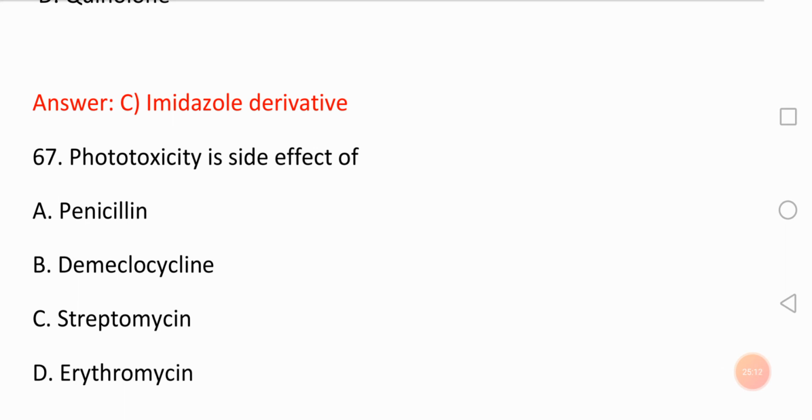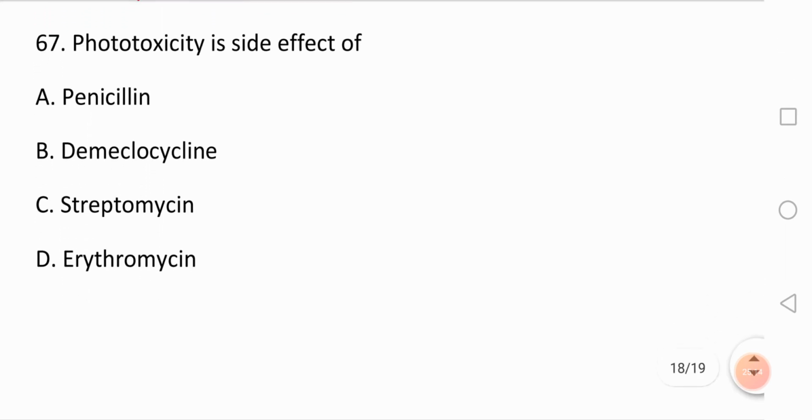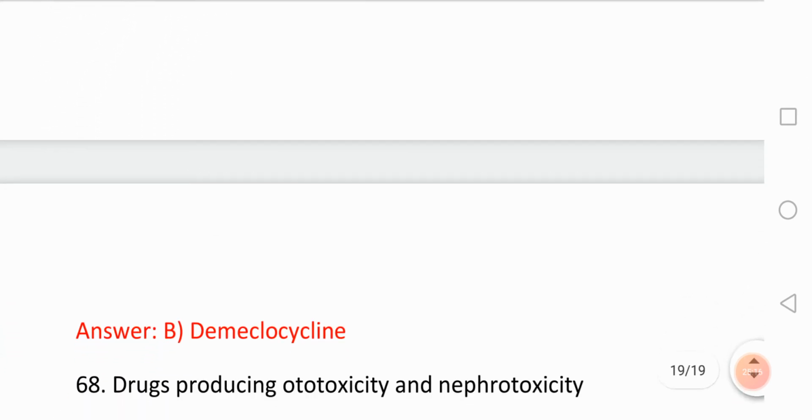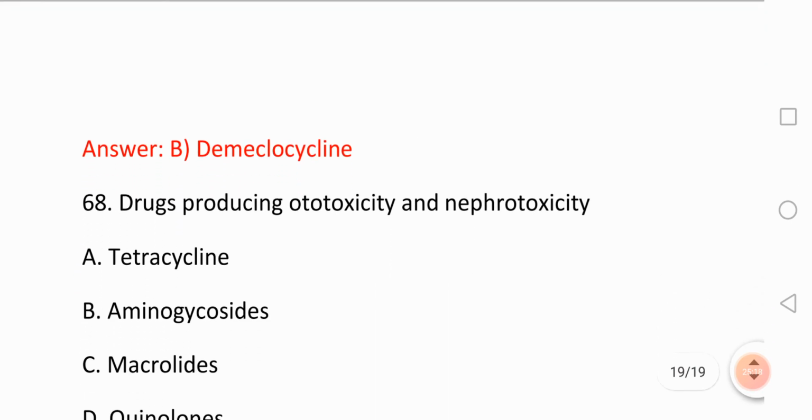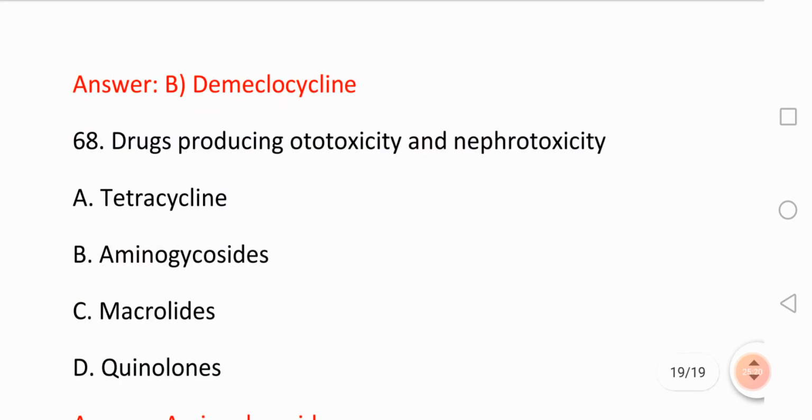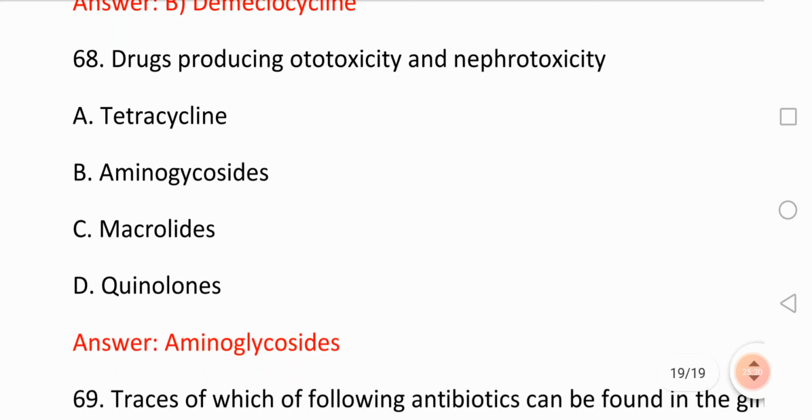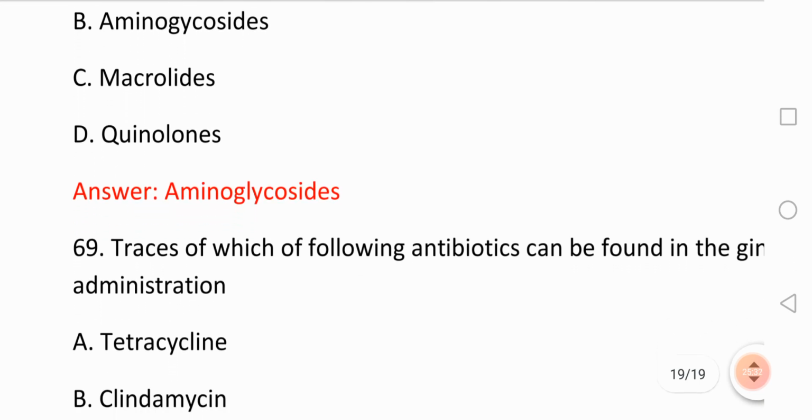And the answer is B part, demeclocycline. 68 question. Drug producing ototoxicity and nephrotoxicity: A. tetracycline, B. aminoglycoside, C. macrolide, and D. quinolone. And the answer is B part, aminoglycoside.